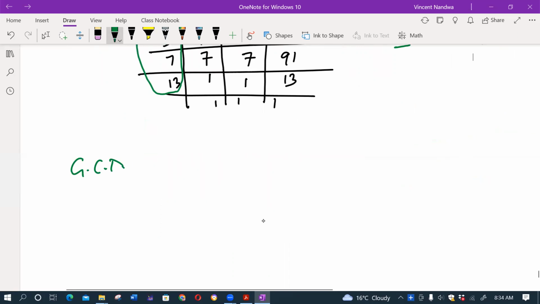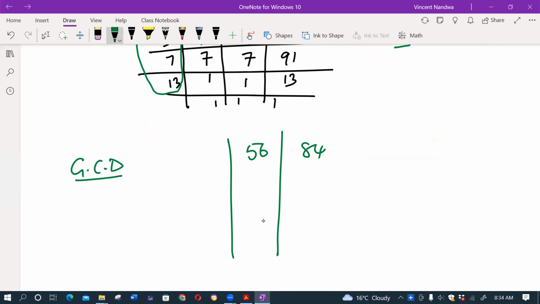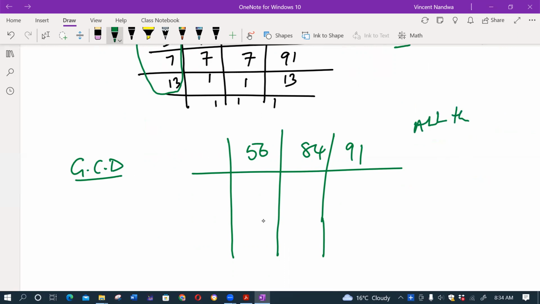GCD, so we have 56, 84, 91. Unlike LCM, for GCD you start with the least prime factor or prime divisor that divides all the numbers. All the numbers.